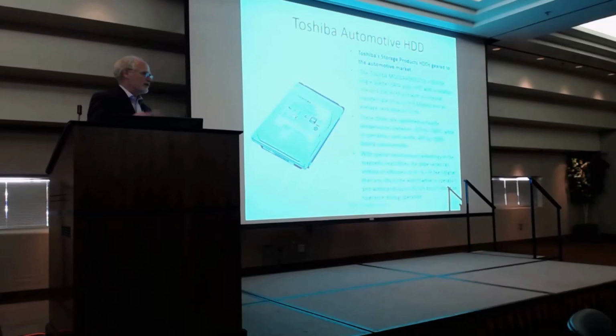And then looking at individual devices themselves, there actually are hard disk drives built for automobiles. Both Toshiba, and the next one I'll show is from HGST, which is part of Western Digital. These are 2.5-inch drives built for the auto market. They have capacities up to 320 gigabytes, a sustained data rate of 976 megabits per second, and a seek time of 12 milliseconds. They can handle temperatures from -22 to 185 in operation, and from -40 to 203 during non-operation.